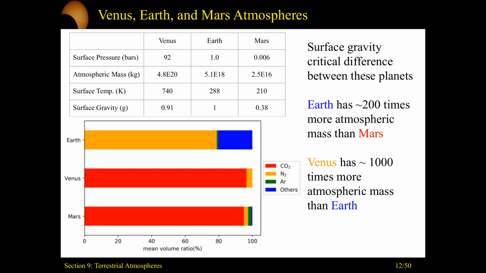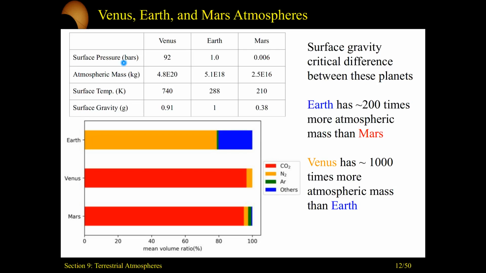All fine. Comparing the densities or the atmospheric masses of these planets, to put this in perspective, Earth has about 200 times more atmospheric mass than Mars. That just means how massive the gases on these planets are. Whereas Venus has almost 1,000 times more atmospheric mass than Earth. You look at the corresponding pressures.